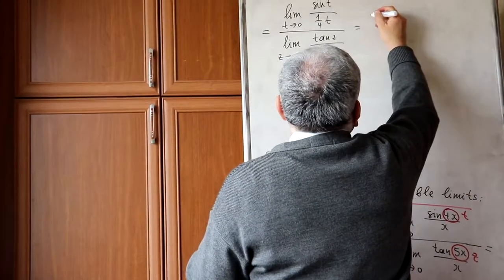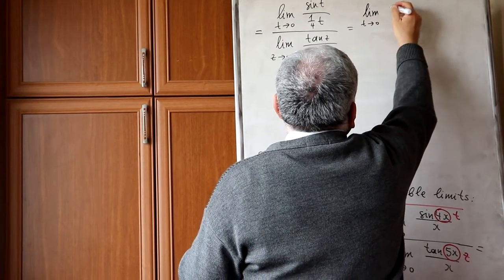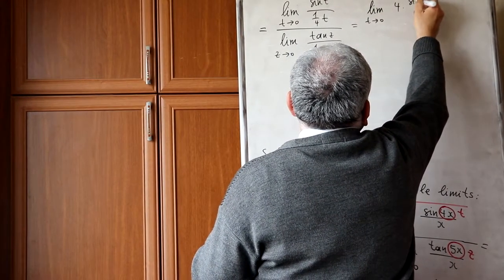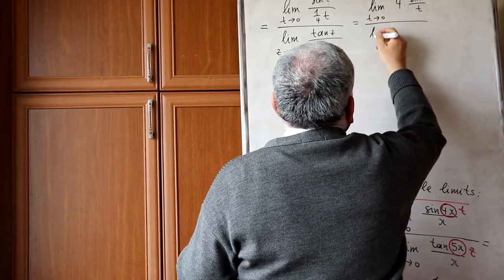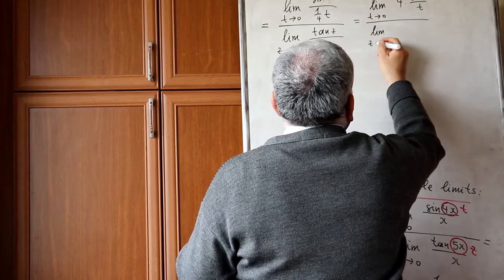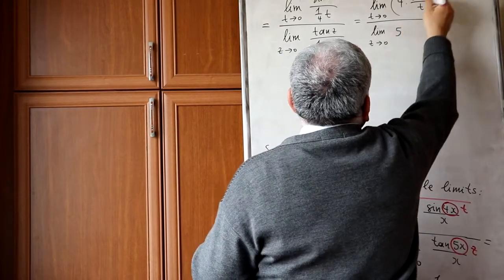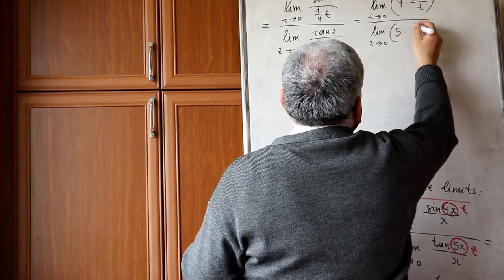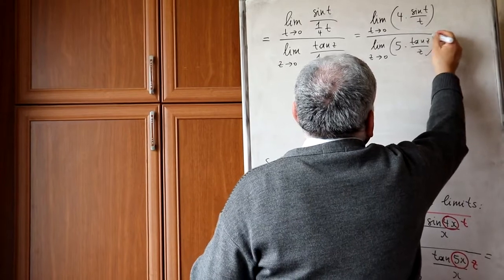Limit when t tends to 0 of 4 multiplied by sine t over t divided by limit when z tends to 0 of 5 multiplied by tangent z over z equals.